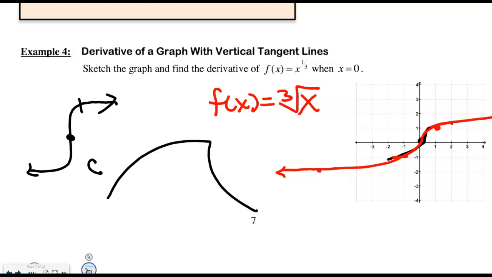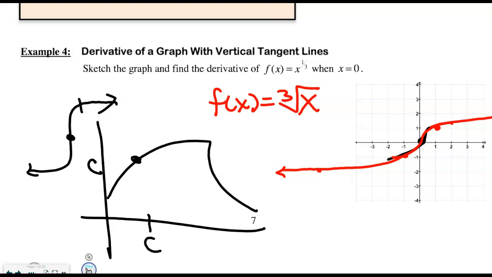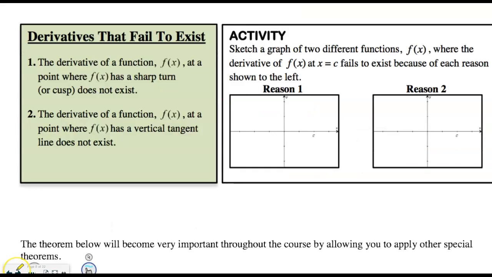But the C, it was a graph like this on your homework. The C is right here. And it asks if the function's continuous at C. Yes. Differentiable at C. Yes. It's smooth, right? Why do you think I was walking around the room and saw a bunch that said not differentiable? They saw what? Sharp turn, but not at C. So be careful with that. So watch it closely. All right, moving on.